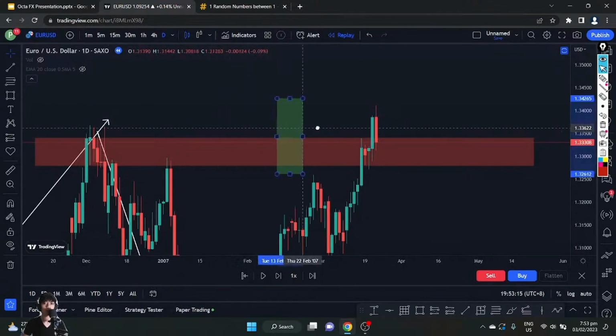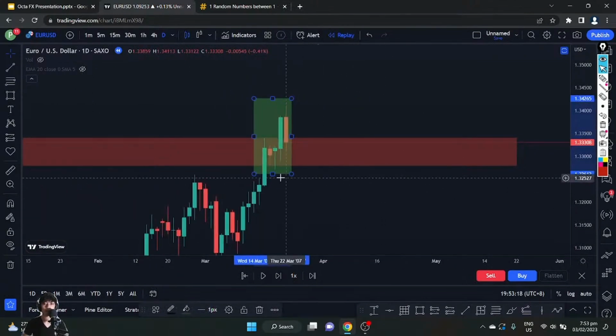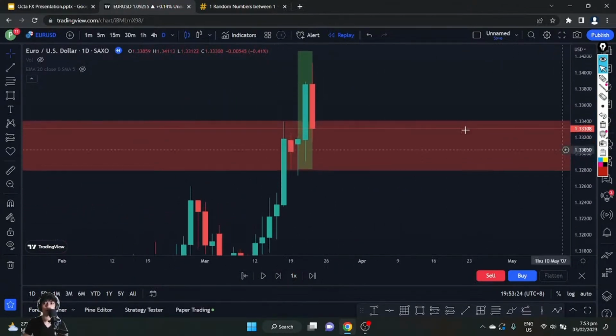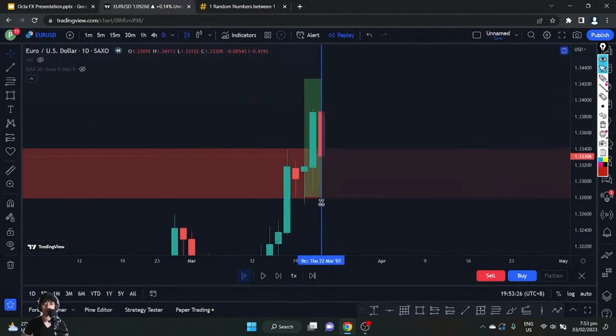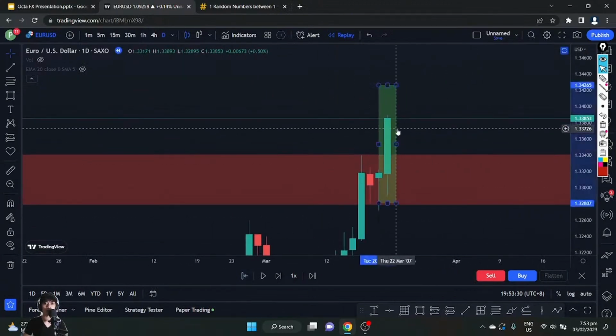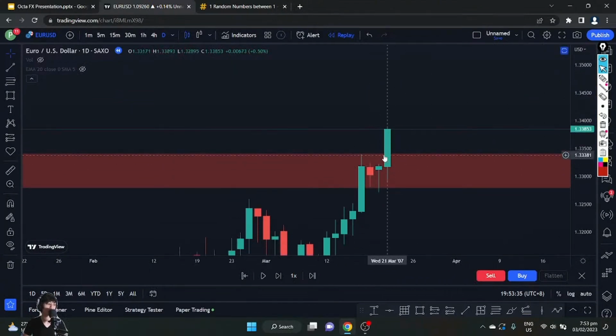So we have a breakout. This green candle right here is what we can call a breakout candle, and we can consider taking a long trade with this breakout.